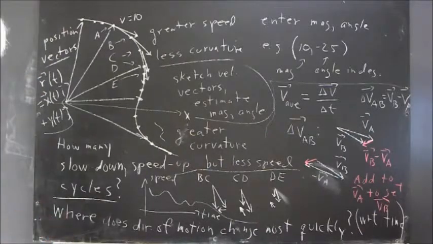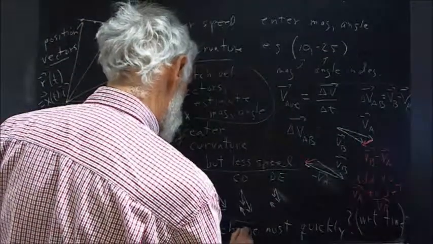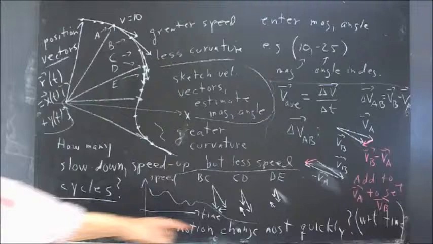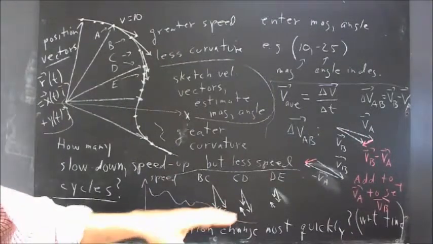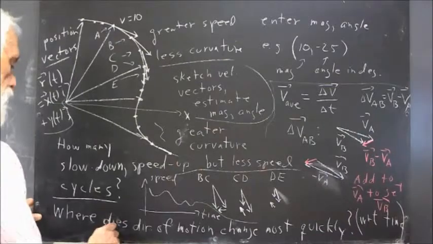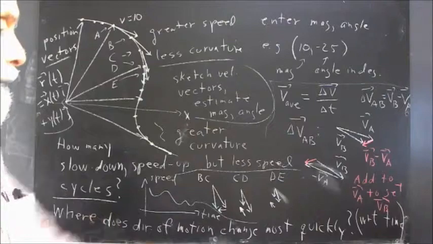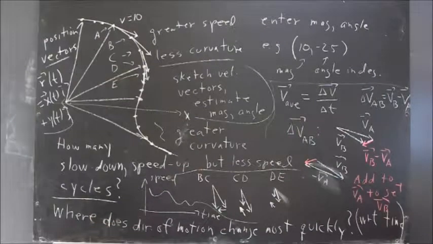Now, another question the class was asked to respond to: where does the direction of motion change most quickly? And I asked that be specified by the angle of the r vector at the time when the motion changes most quickly.